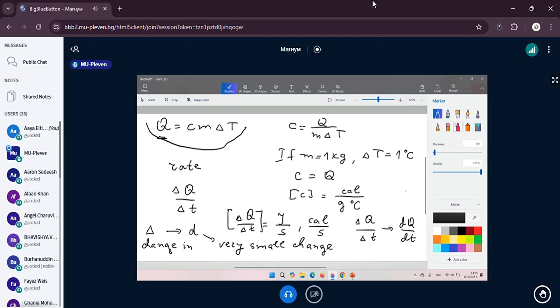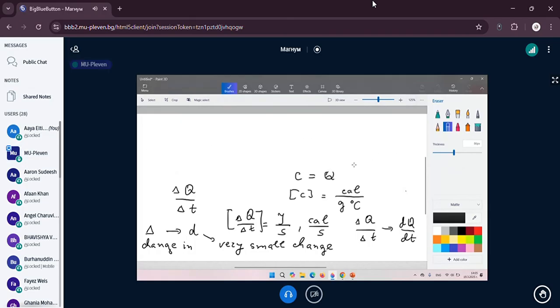And using that way, let us once again revise Fick's law, which we can write in this way. Flux being the very small amount of mass being transferred per unit time, per unit area.